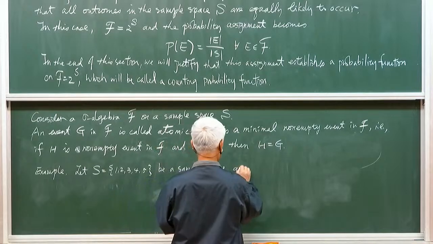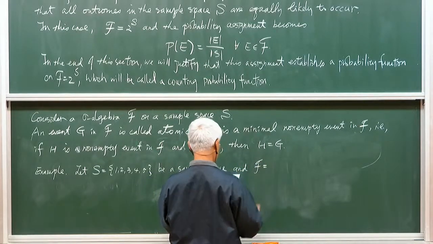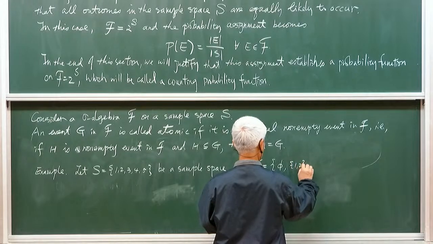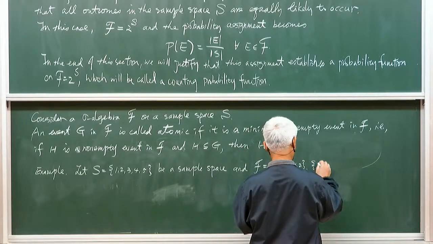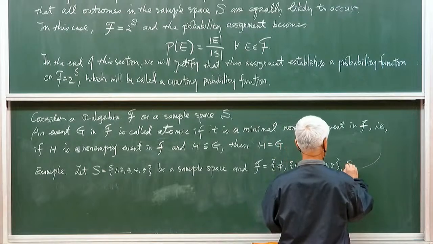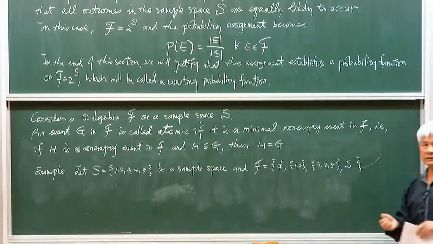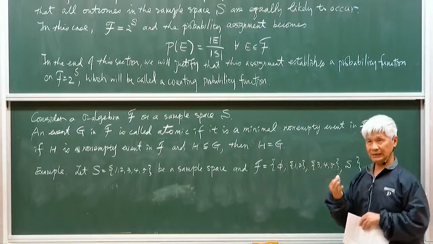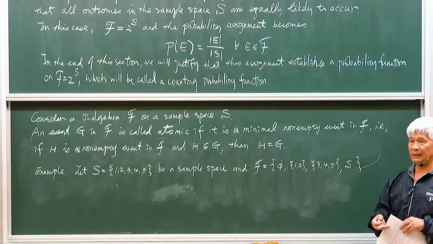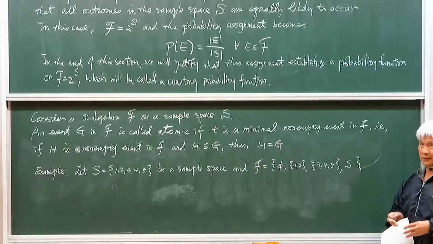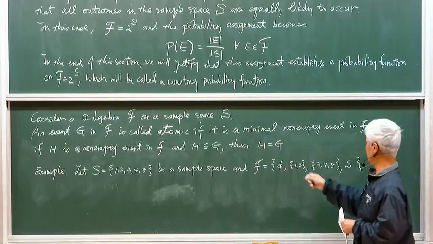The sigma algebra selected consists of 4 members only, and you can check that it is indeed a sigma algebra satisfying the 3 required properties we mentioned before.